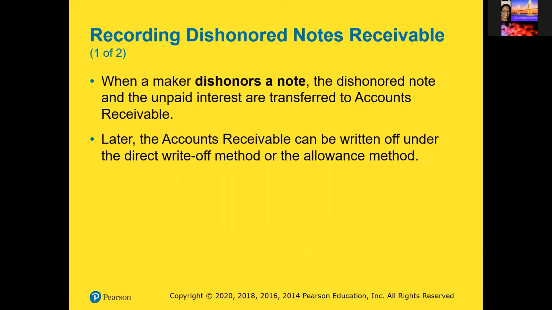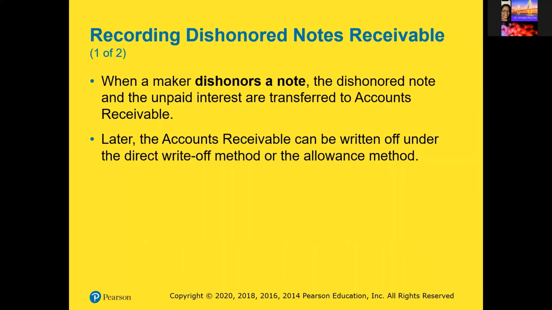If the maker of a note does not pay at maturity, the maker dishonors a note, also called defaulting on a note. Because the note has expired, it is no longer in force. Dishonoring a note is a failure of a note's maker to pay a note receivable at maturity.